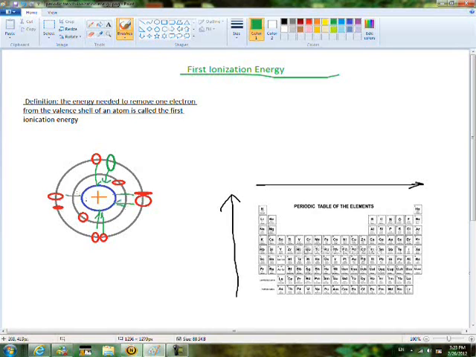And here are arrows for all of them. So basically, first ionization energy deals with trying to get these electrons away from the nucleus. So you're trying to do the opposite of the force. Instead of bringing it forward, you're trying to get it away.